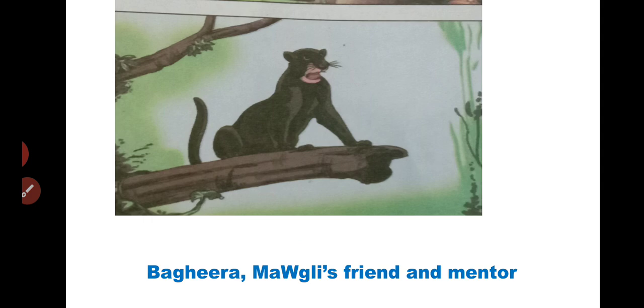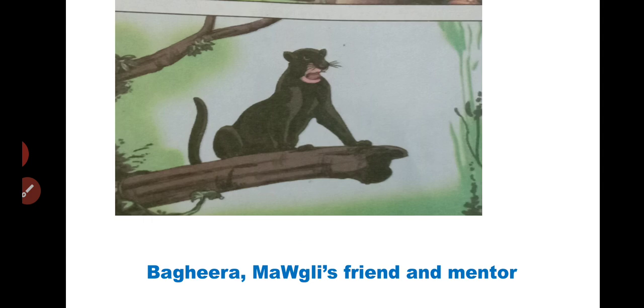Eventually, Mowgli is forced to leave the jungle and he goes to live in the village. Later, he decides to return to the jungle and he lives there. Okay, that's the whole story of this Jungle Book.